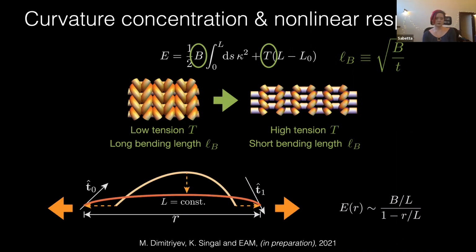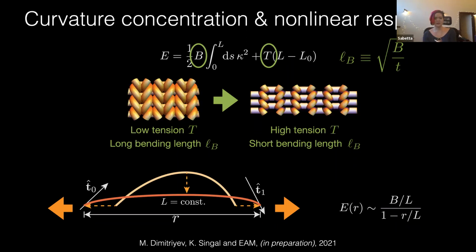And so we can use this in an elastica model to say that this is the length end to end, and the total length L is constant. If we increase the end to end length, keeping the tangent vectors fixed, we end up with an energy that goes like 1 over 1 minus R over L. So this diverges when L is equal to R, where you can't extend it anymore.